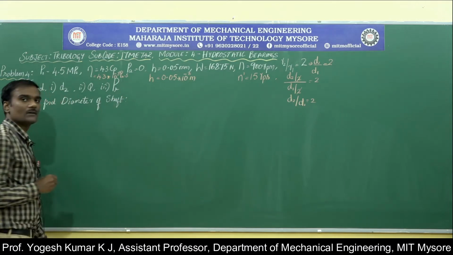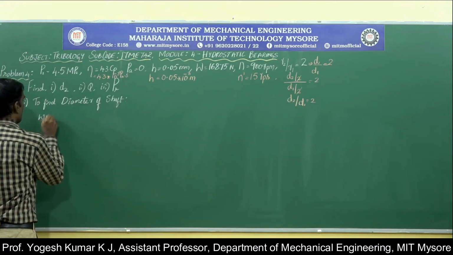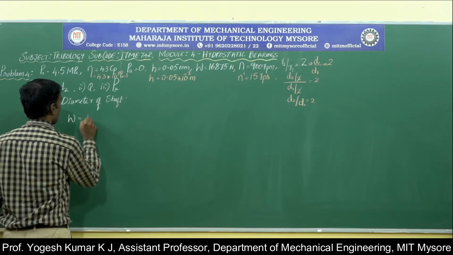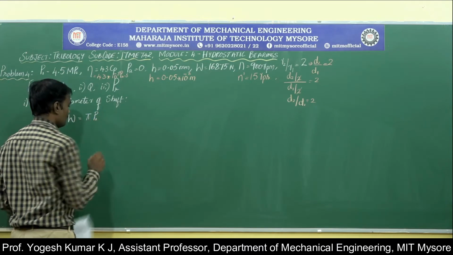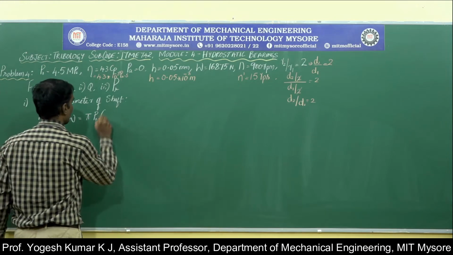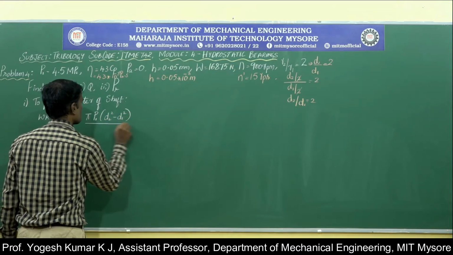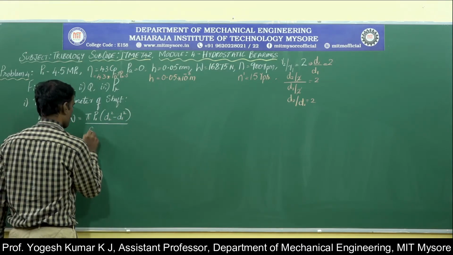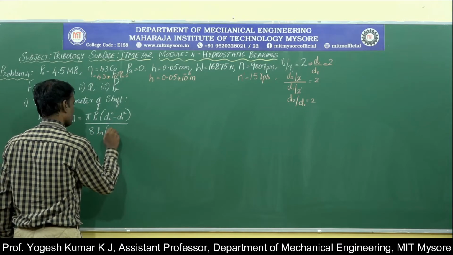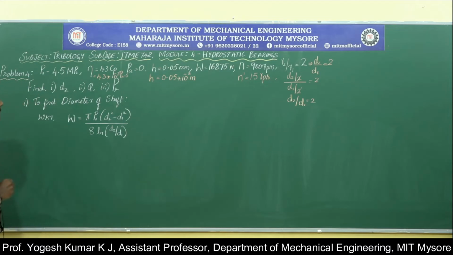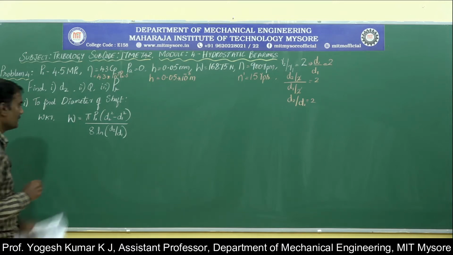To find the diameter of the shaft, we know that W equals... what is W? W is the load carrying capacity of a bearing. W equals pi P naught (d2 square minus d1 square) divided by 8 natural log of d2 by d1.